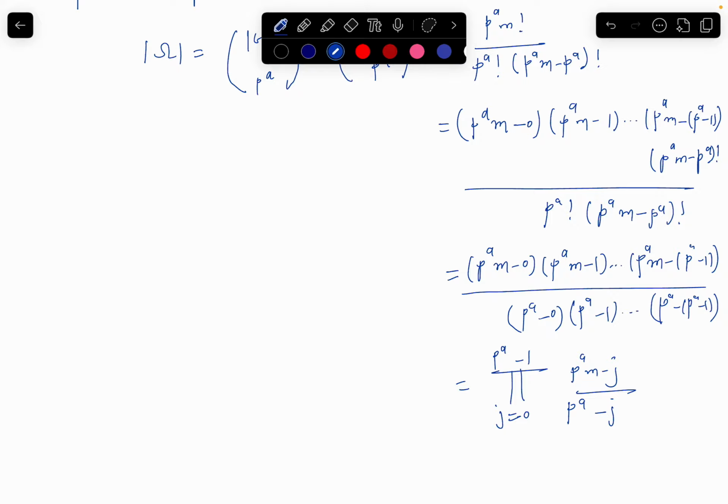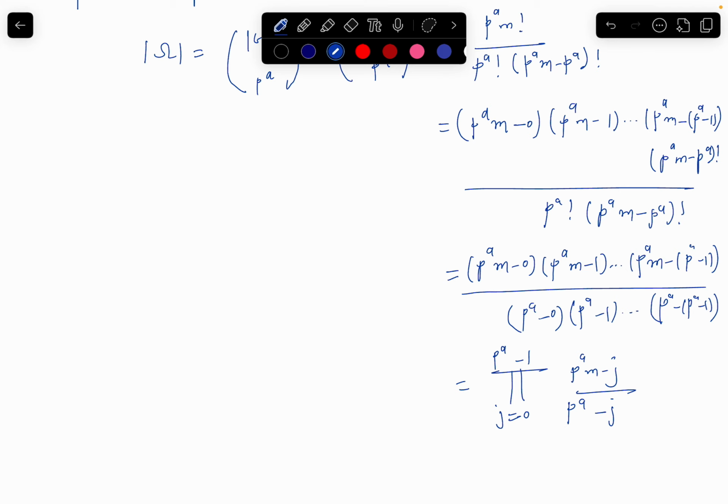So we have to show that p does not divide the size of omega. The largest power of p that divides p power a m minus j, again j is less than p power a, is the largest power of p that divides j. Similarly in the case of the denominator, so the largest power of p in the numerator cancels with the largest power of p in the denominator.